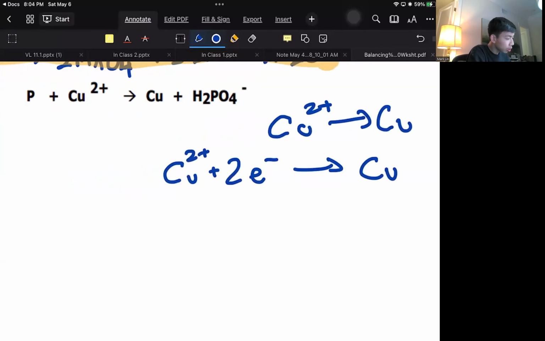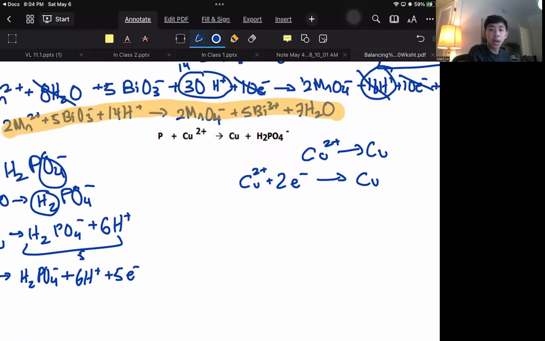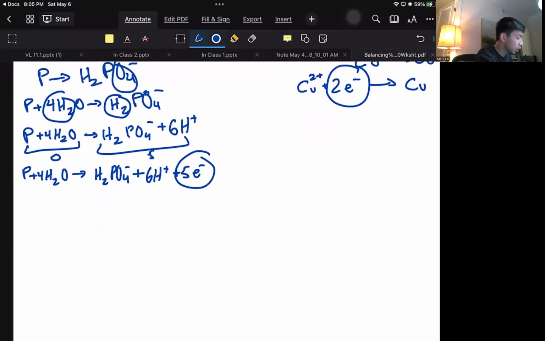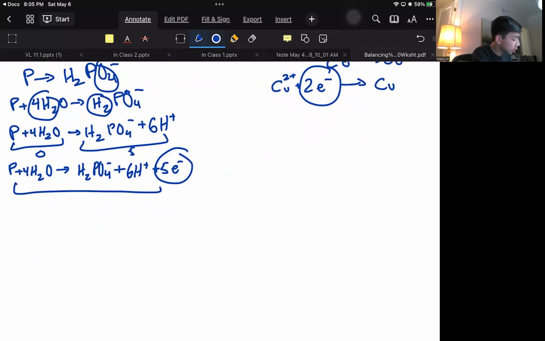All right, cool. Now we need to find the least common multiple of the electrons. On this side, we have 5. Over here, we have 2. Likewise, as in the first problem, the least common multiple is going to be 10. So we need to multiply this by 2, and multiply all of this by 5.